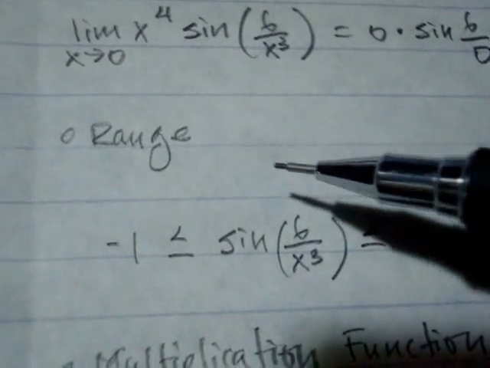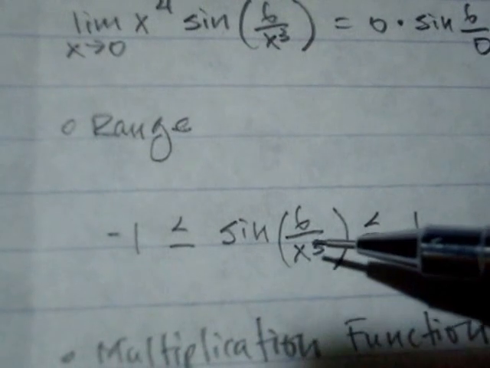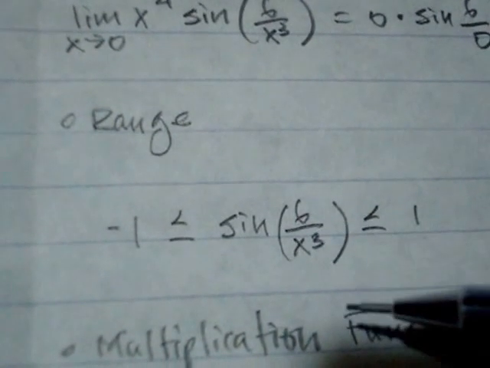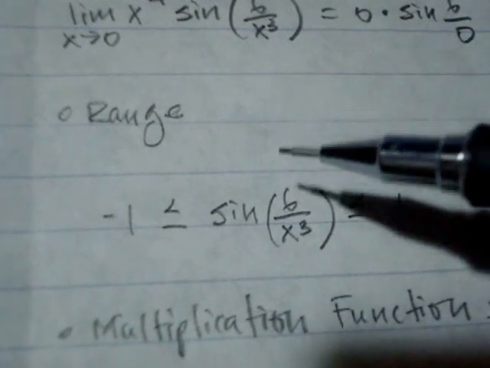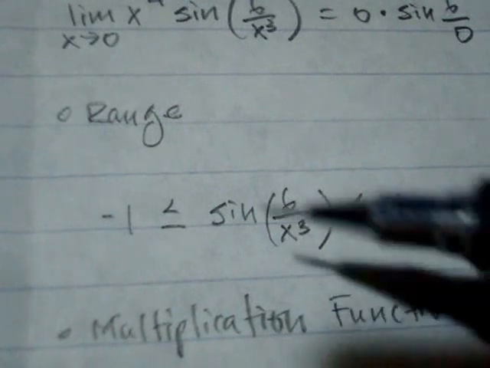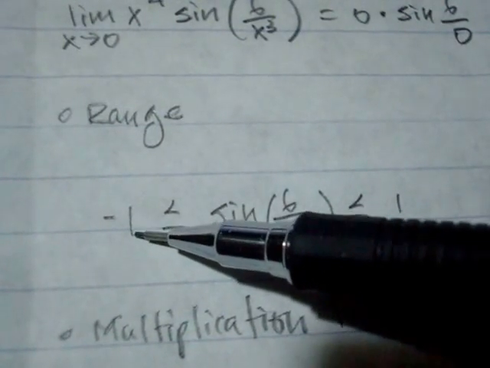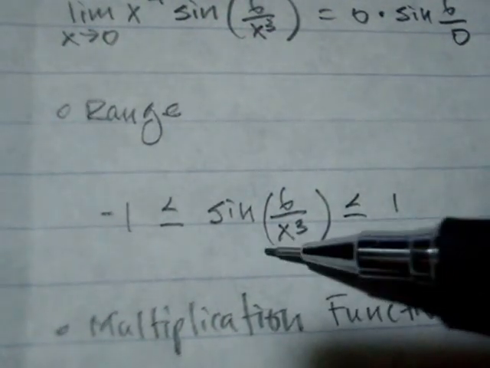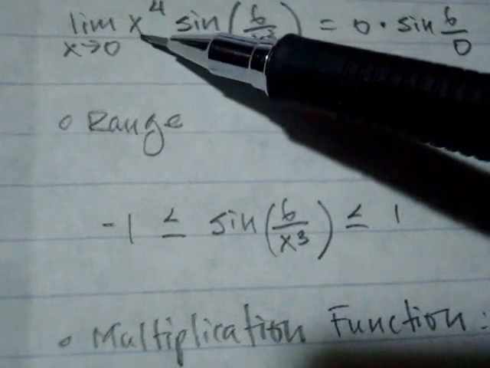Once you set the range for this particular case, the next thing is to do the multiplication. The multiplication basically means that for h(x), f(x) and g(x), you just multiply by x to the fourth.